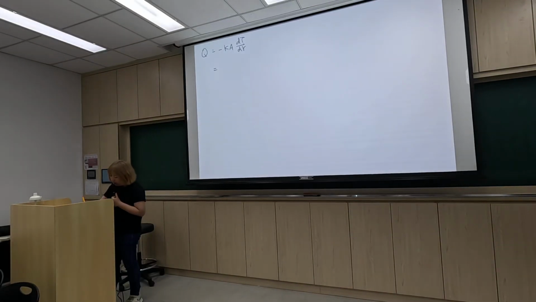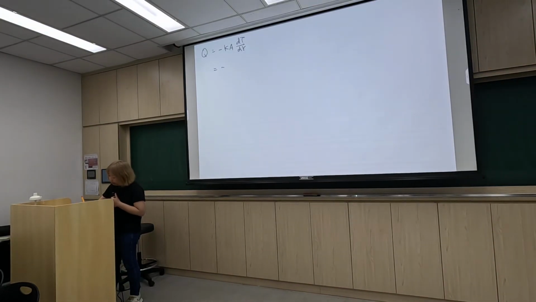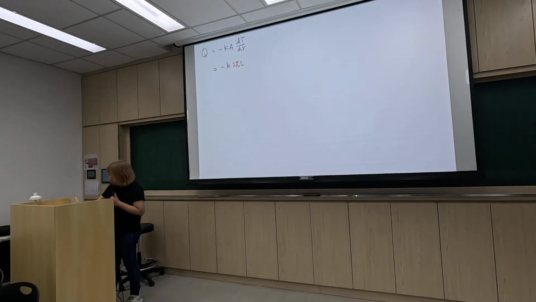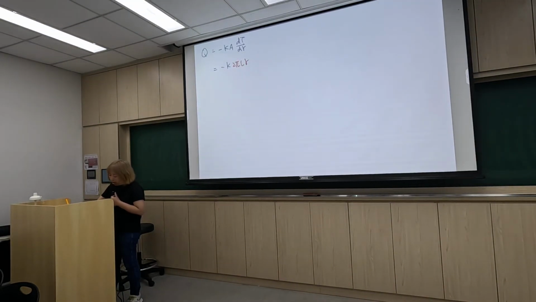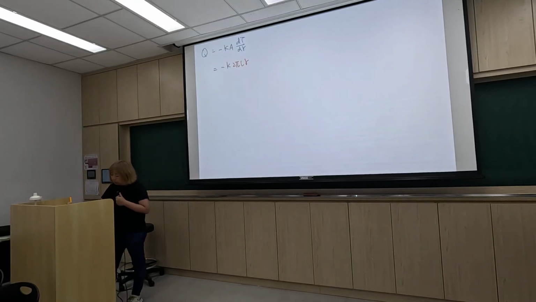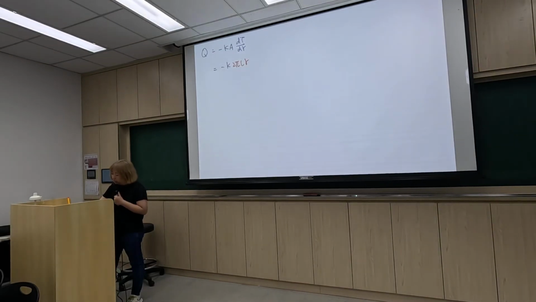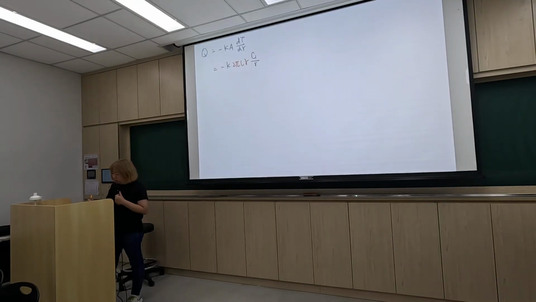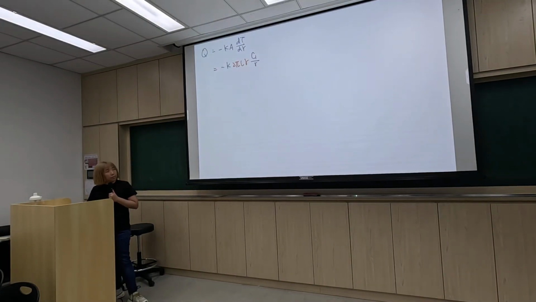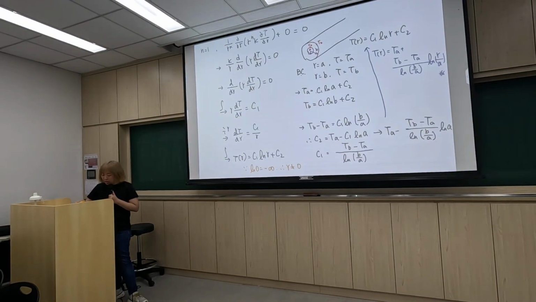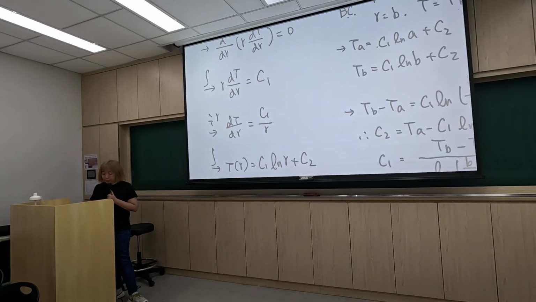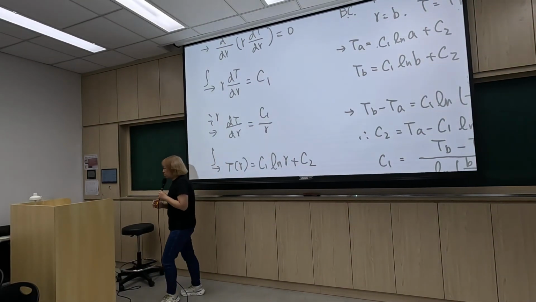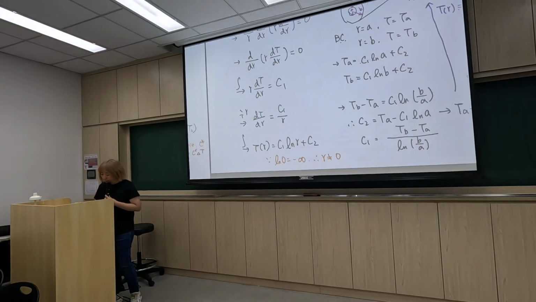Then in that case, minus K 2 pi R L, and then dT/dr. What is dT/dr? If you recall, it is here. dT/dr equals to C1 divided by R.